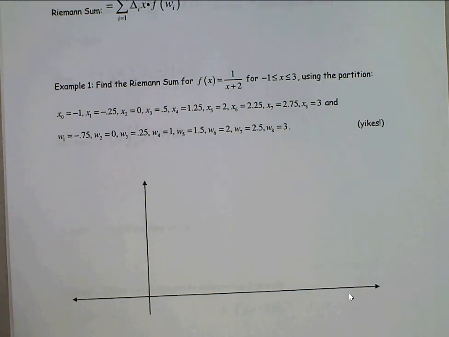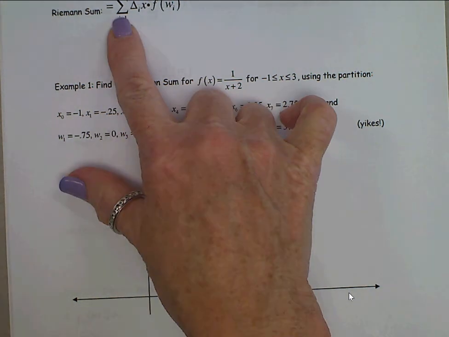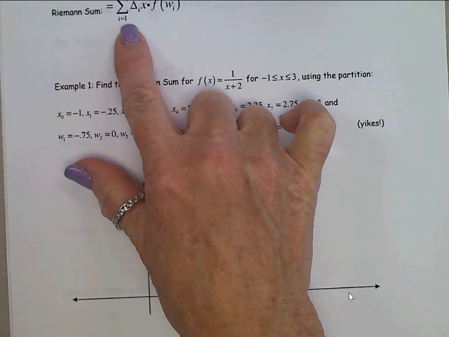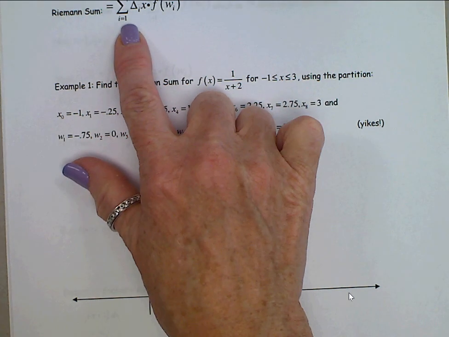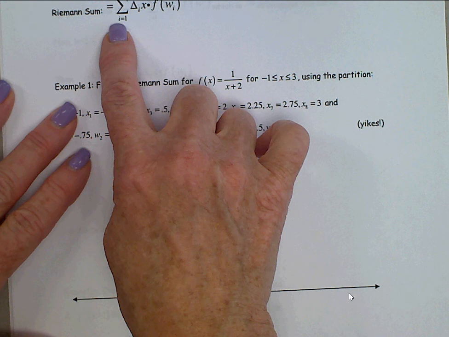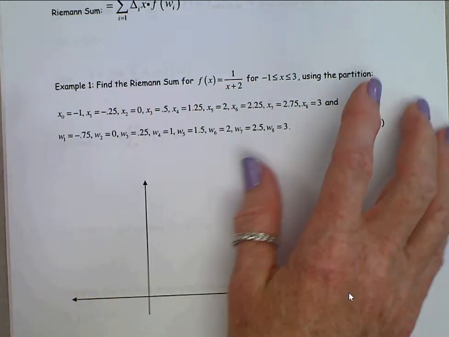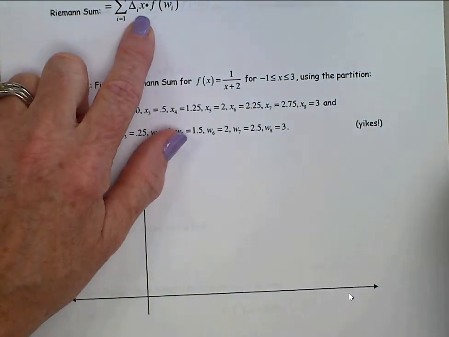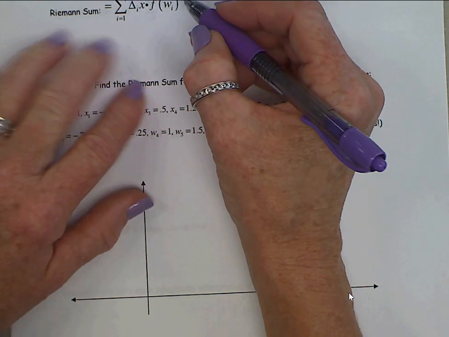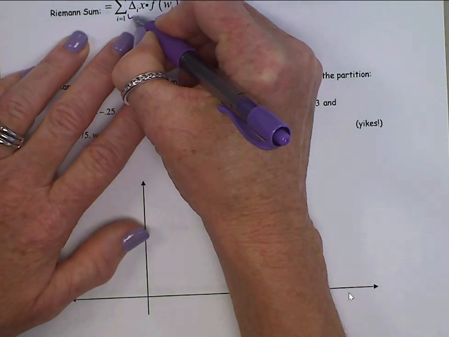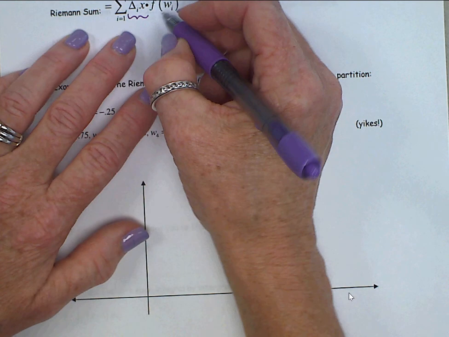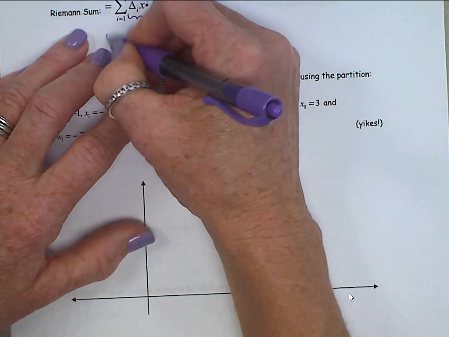A Riemann sum is this summation right here. I equals 1 to n, so we're still counting, and this delta sub I of x is representing the width of each of the individual rectangles.